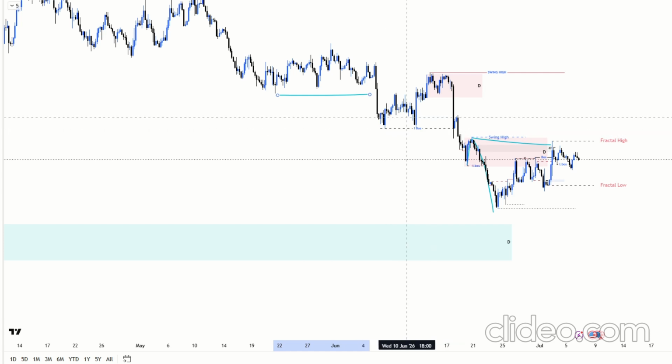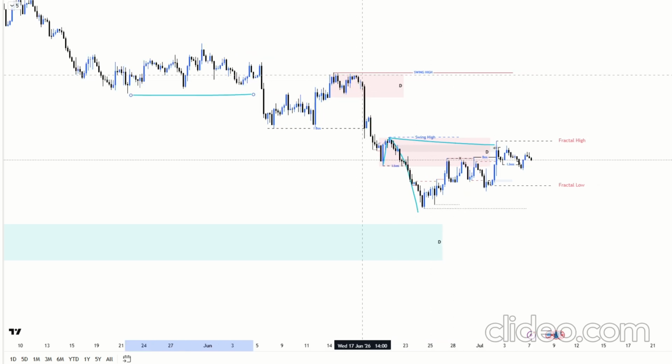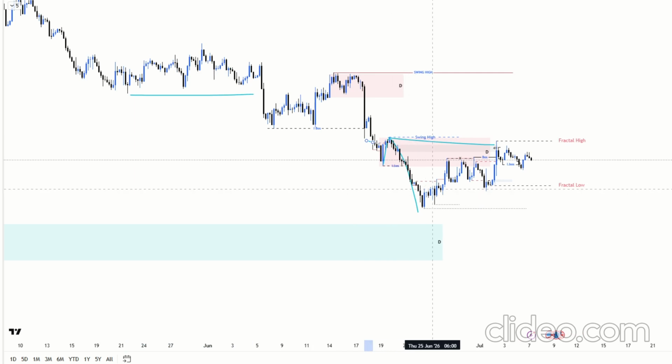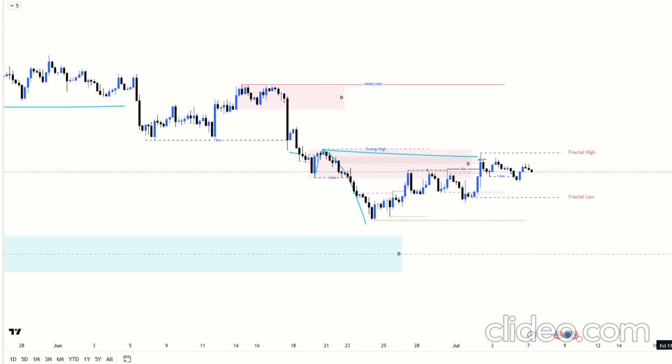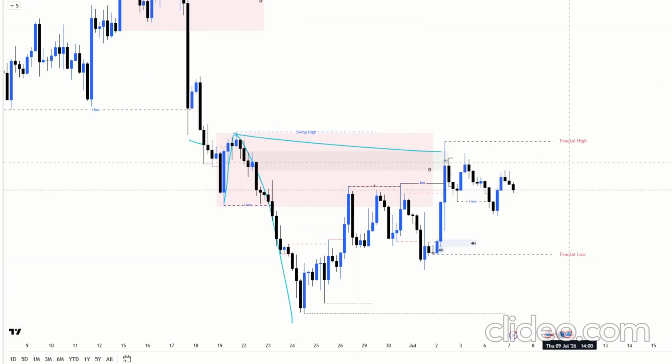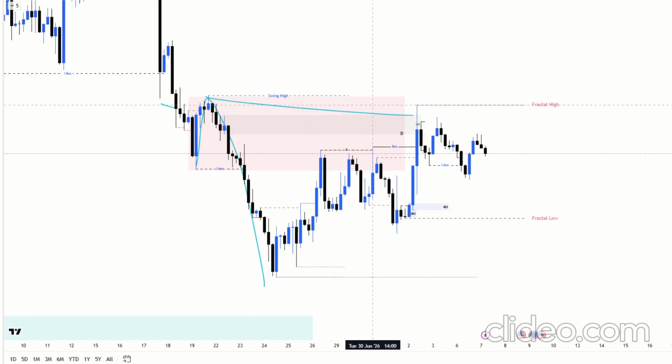We had a change of character, we pulled back to the EQ, so this is a swing high. Now after this swing high, we only had constant break of structures without change of character. So for me, I've been considering these as my internal structure.